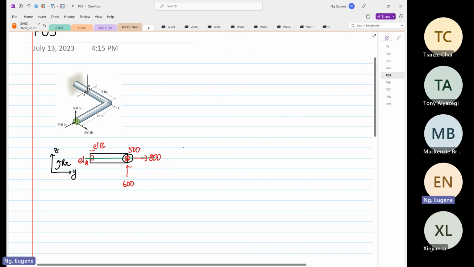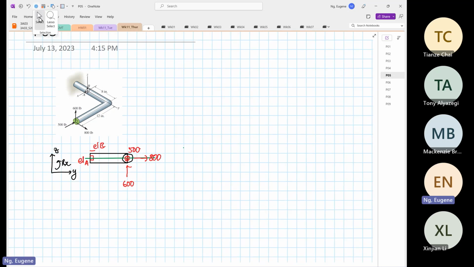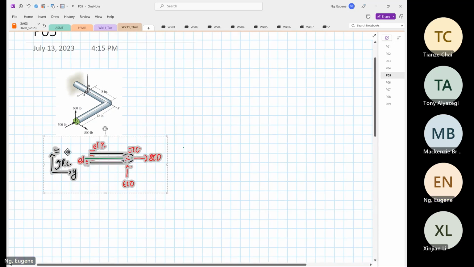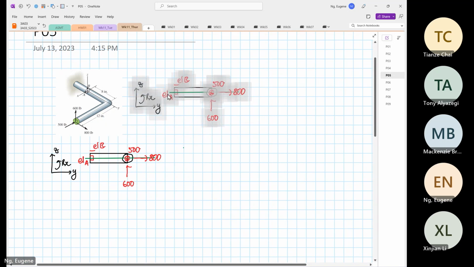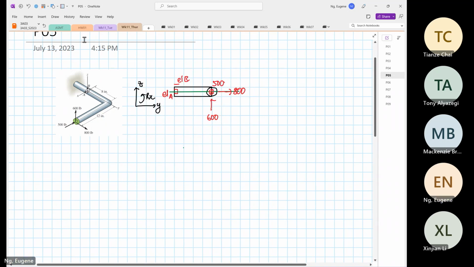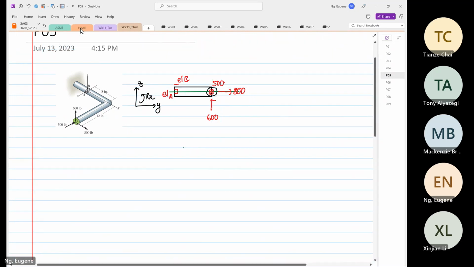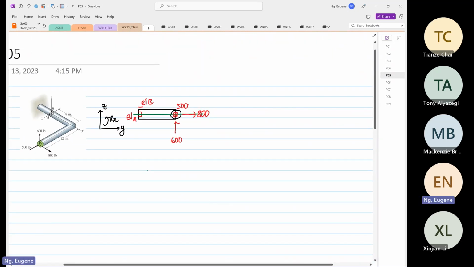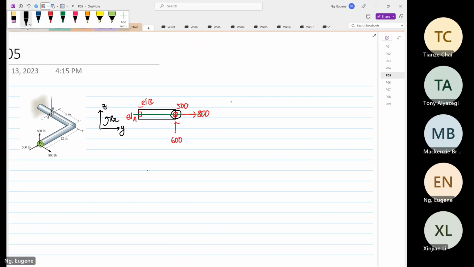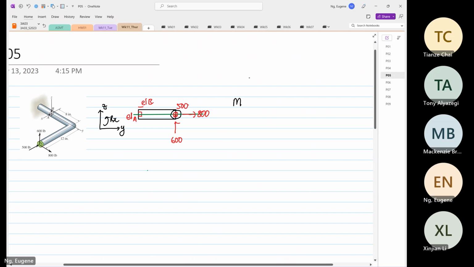So let me move this drawing so I will not waste so much space. So we know that there's a moment in x, and positive is going this way.